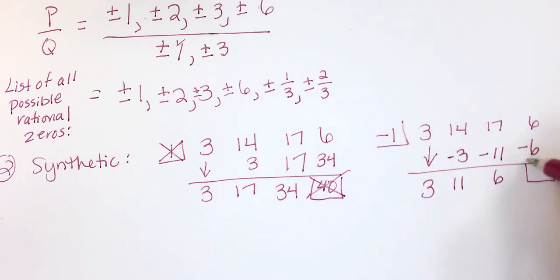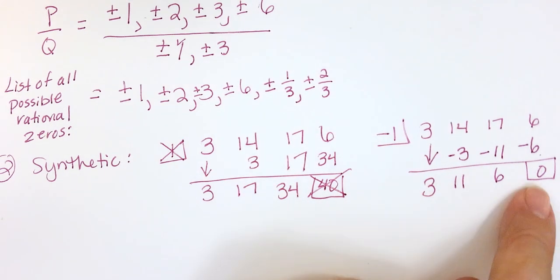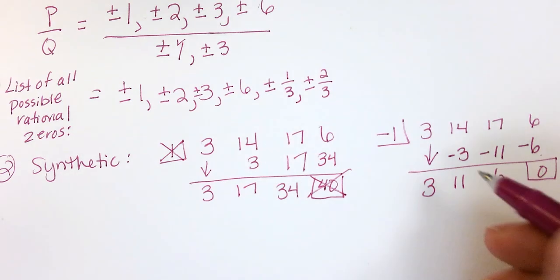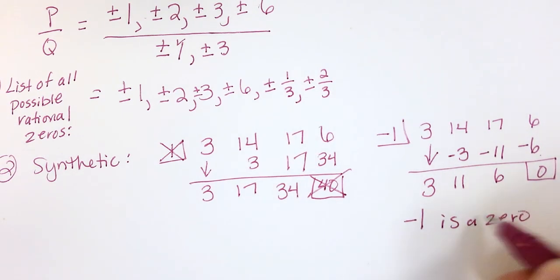And 6 minus 6 is 0. Okay, we have a remainder of 0. Great, so let's write down what we know. We know that we tried negative 1 in our box, and we got a remainder of 0. That tells me that negative 1 is a 0 of the polynomial.